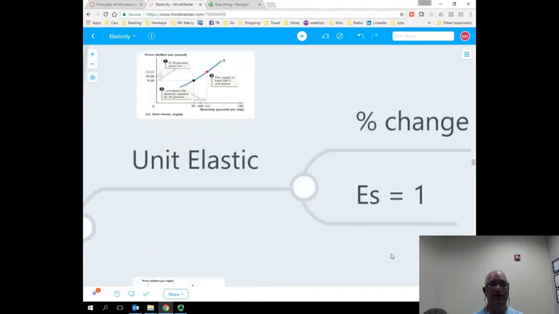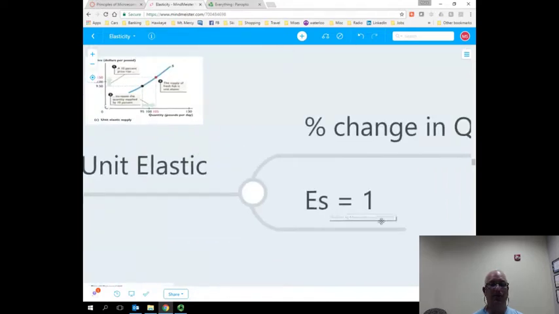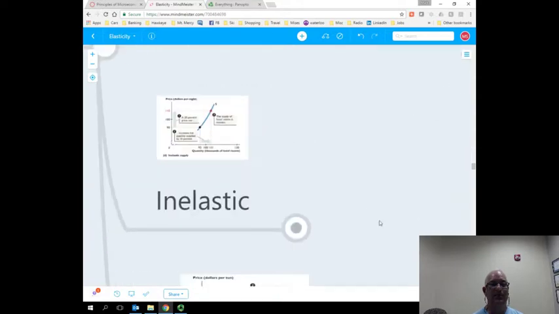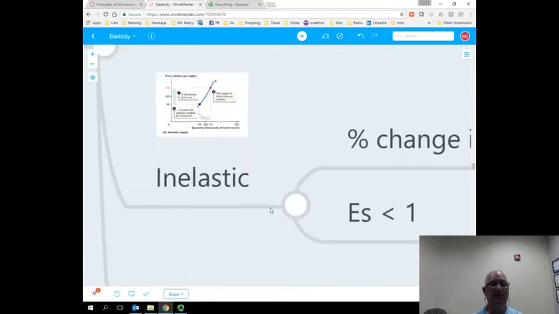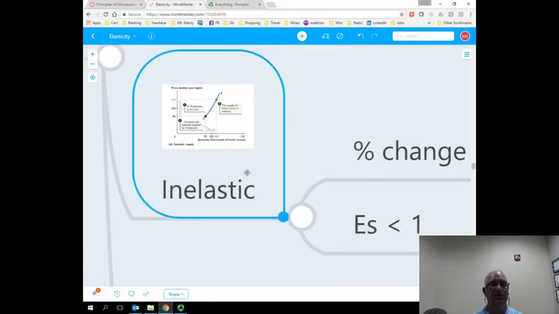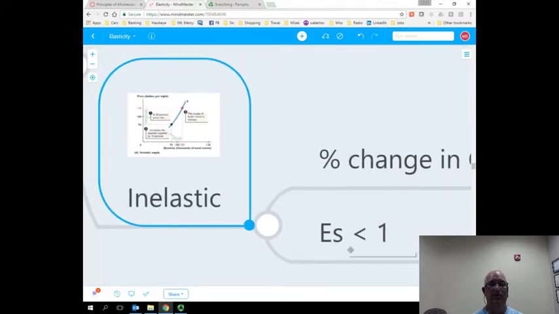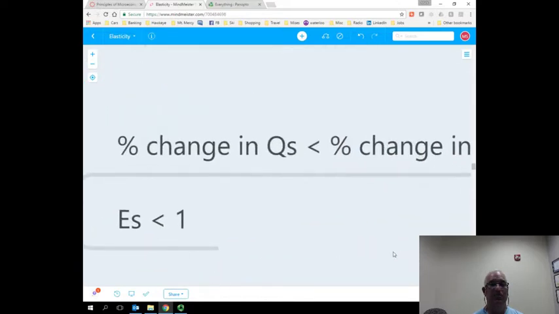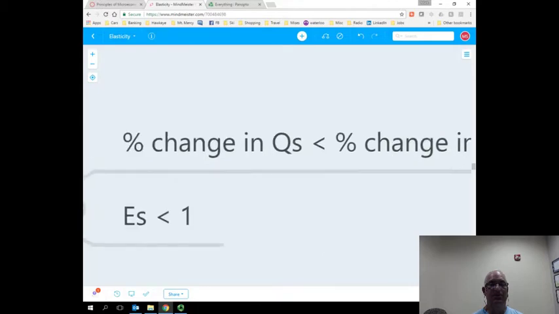Unit elastic, again, is where your formula calculates to 1, and the percentage change is the same in price and quantity. Then when it's inelastic, here's where you have more of a vertical curve, and the elasticity of supply is less than 1. So the percentage change in quantity supplied is less than the percentage change in price.